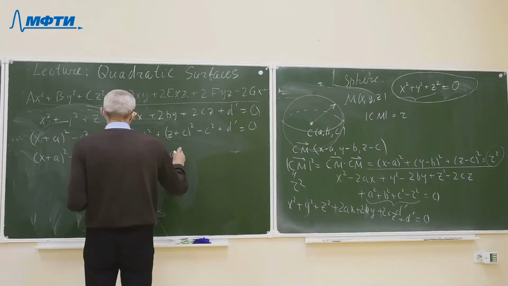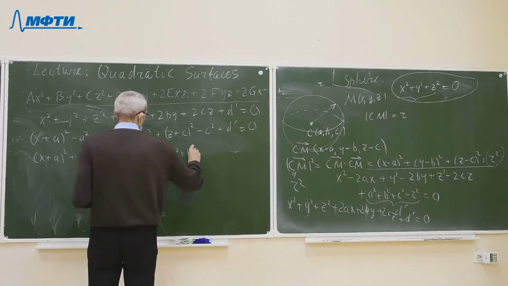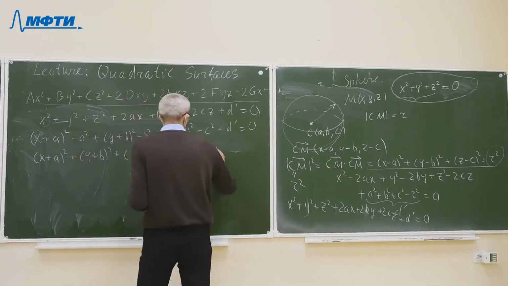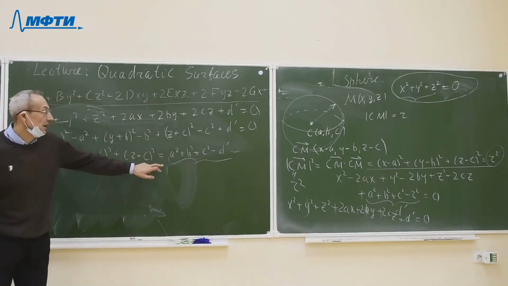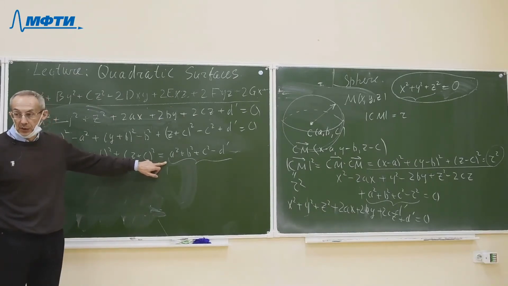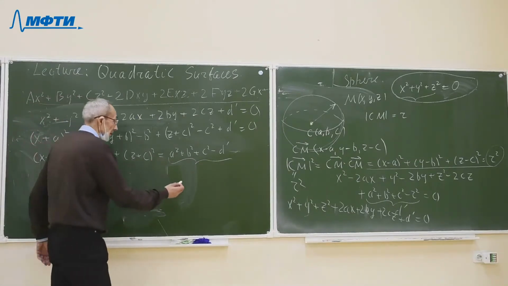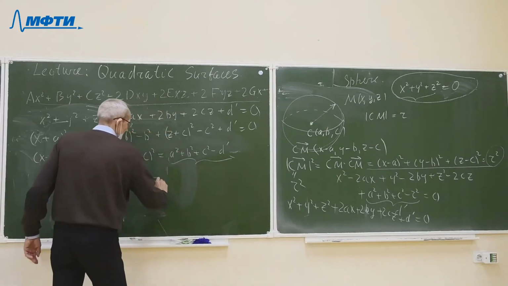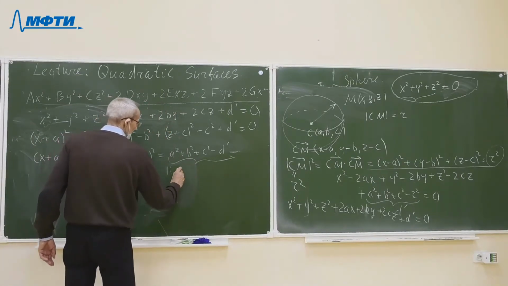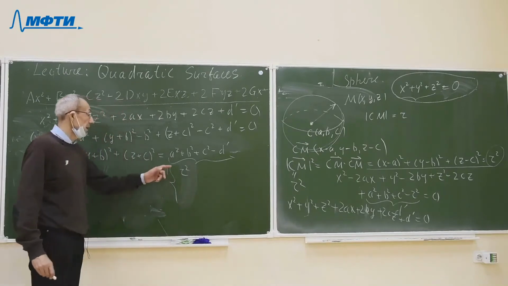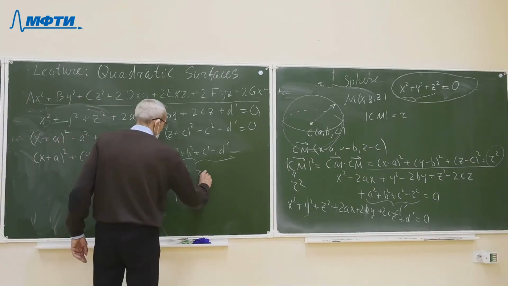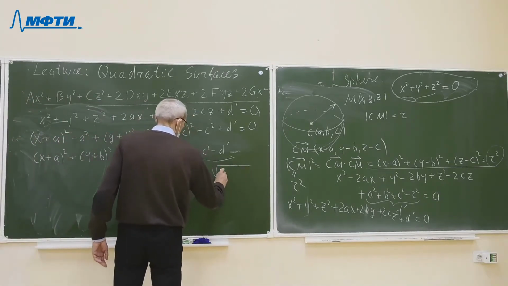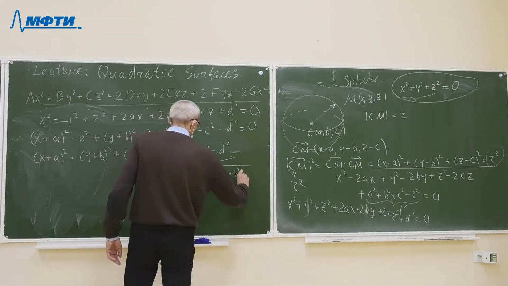This is equal to a square plus b square plus c square minus d prime. When this term is positive, it equals the square of some positive number r, where r is the square root of this expression.